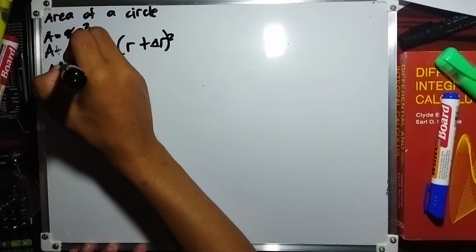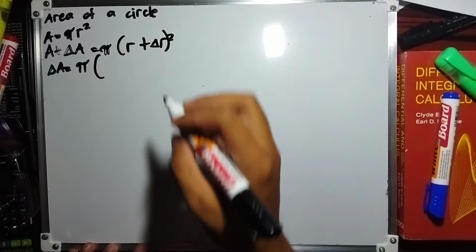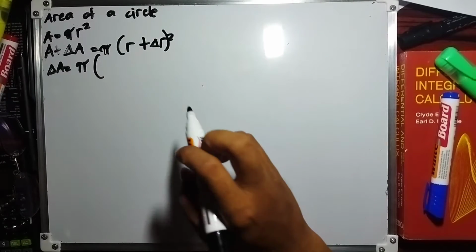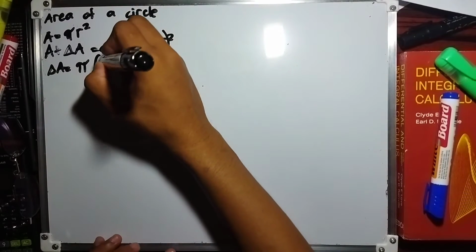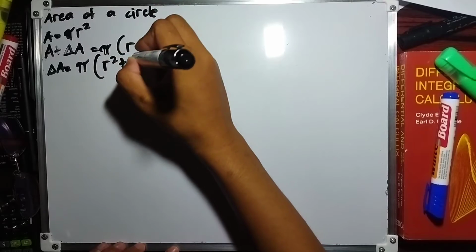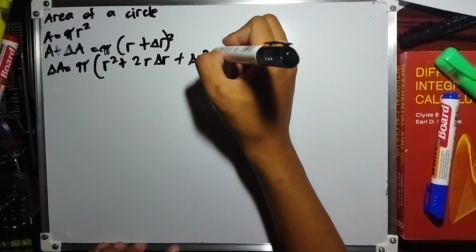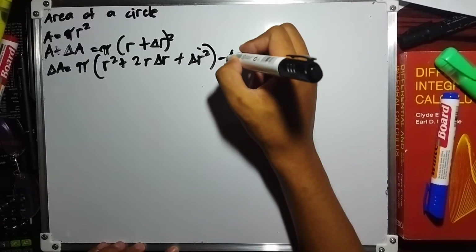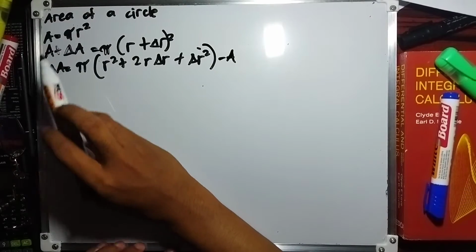Delta A is equal to pi times, simplify r plus delta r squared using FOIL method or the Pascal's triangle. So it would become r squared plus 2r delta r plus delta r squared minus A, and our A here will be the area of the circle, which is pi r squared.